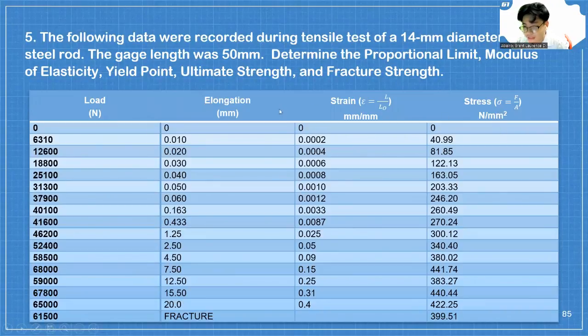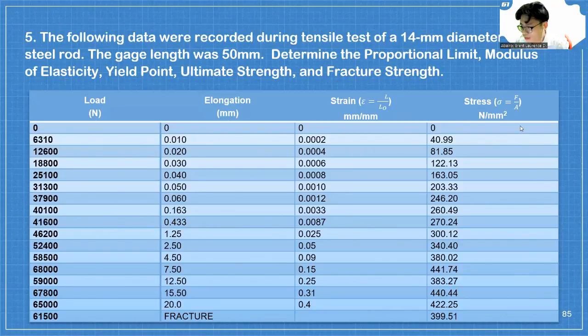And ang area natin will be obtained by yung ating formula for circle na kagaya ng sinabi ko kanina, which is pi r squared. Ang ating diameter is 14 millimeters, and just by direct substitution, we could get our area for this said problem.